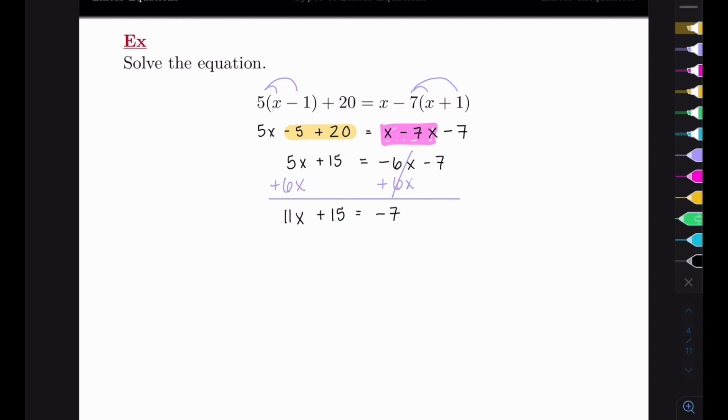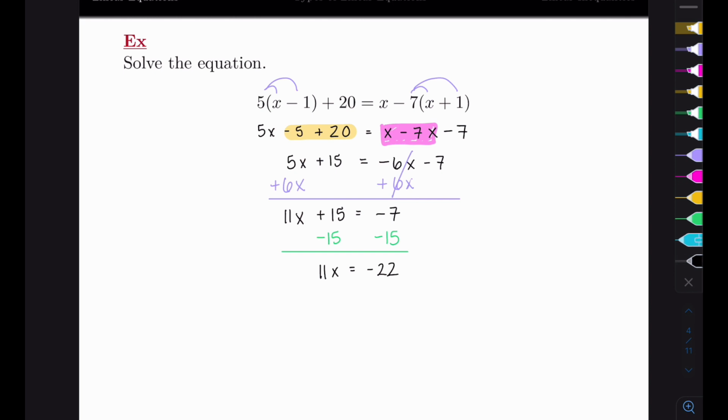And now we're super close to getting x by itself. So I've got only a single x expression, but it does have this plus 15. So to get rid of it, the opposite operation is subtract it. So once we subtract it, that leaves us with 11x, and then -7 minus 15 is -22.